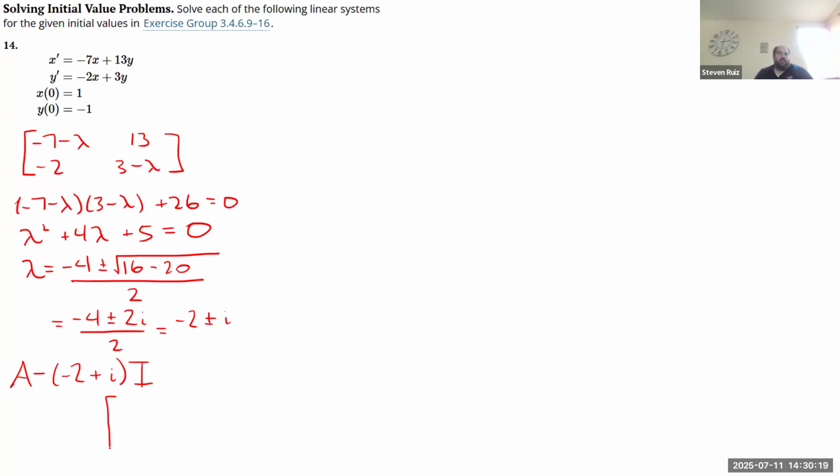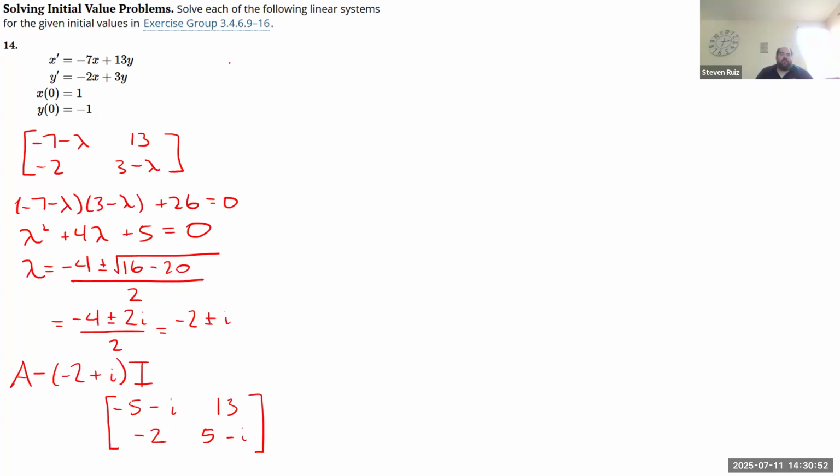This gives me, so minus 7 plus 2 is minus 5, minus i, 13, and then minus 2. 3 plus 2 is positive 5, minus i. Okay, I'm going to take the determinant here because, again, I just want to be very safe.